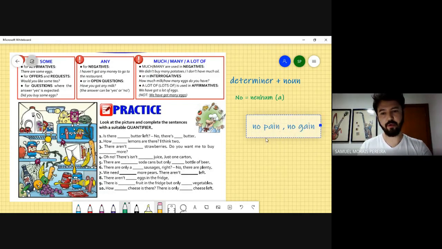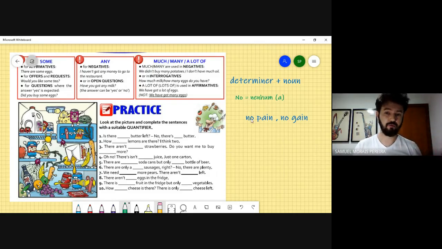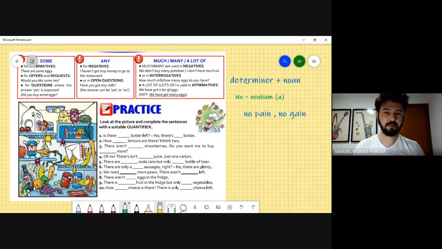I am almost sure that you have already seen this phrase here before. So pay attention. In this sentence here, the word no does not mean no. Okay? In this sentence here, the word no is being used as a determiner. So the translation here is nenhum ou nenhuma. Ó, nenhuma dor, nenhum ganho.